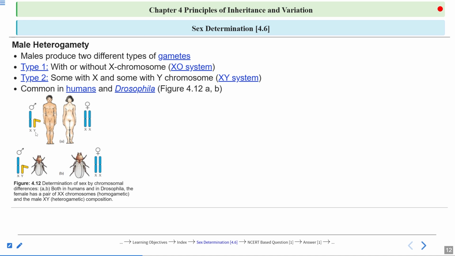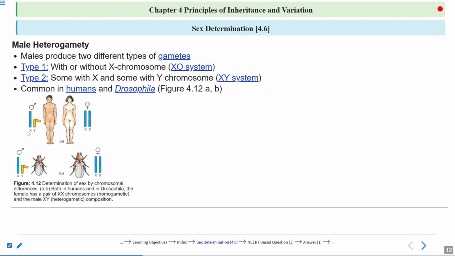So males consist of X and Y chromosome, and the Y chromosome is smaller as compared to the X chromosome. Y chromosomes have fewer genes also as compared to the X chromosome. Females have a pair of X chromosomes.